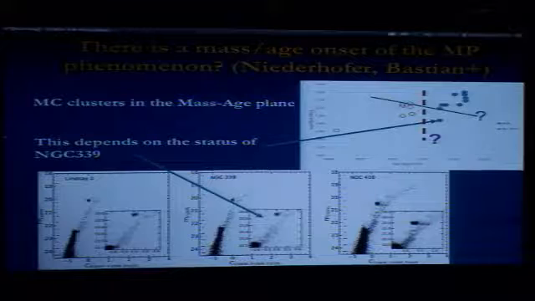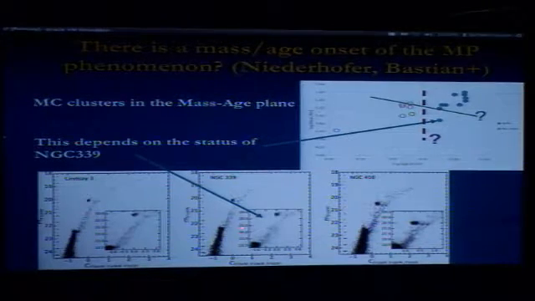Very recently, there has been another observation, again by the group of Nate Bastian with other people, looking for multiple populations in populous clusters of intermediate age in the Magellanic Clouds. They used a variant of the Milone method to separate populations using HST data.